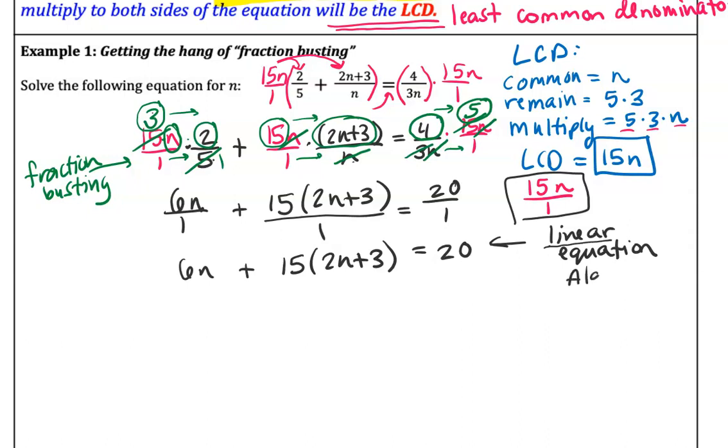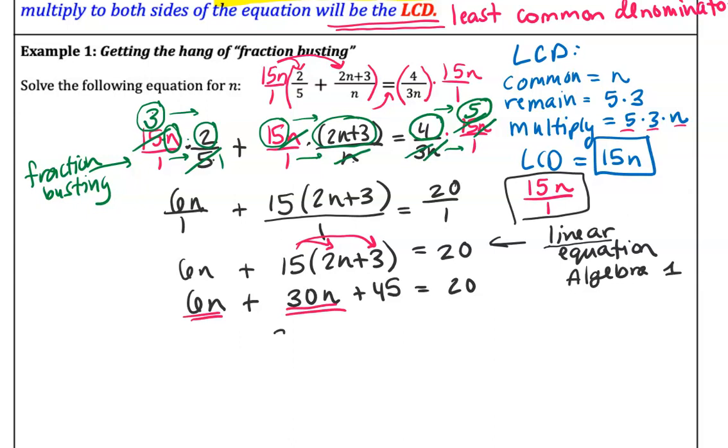I don't have a rational equation anymore because I don't have any variables in my denominator anymore. This equation is just simply linear. This goes back to the Algebra 1 days, the simple days, right, when things were simple. All I have to do here is just isolate the variable. So I'm going to distribute my 15 so I can figure out what my terms are. And then I notice I have like terms of 6n and 30n, so I will go ahead and combine those.